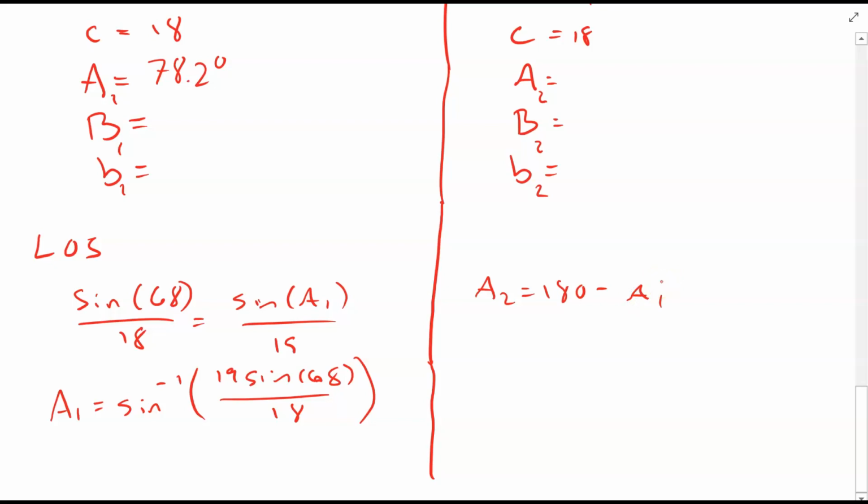And so this is maybe the tricky part here, just remembering that finding the other angle A is the supplement.